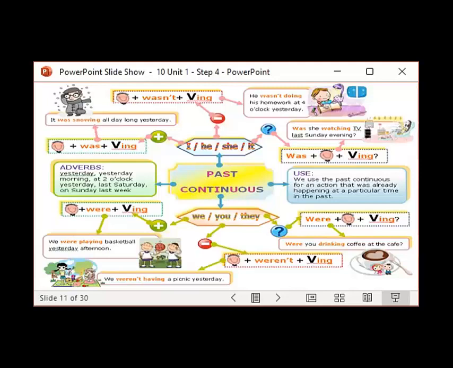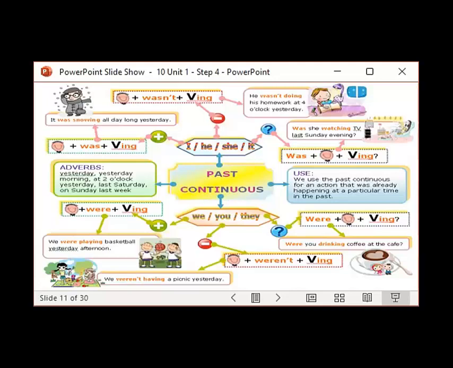If you want to make a question by using past continuous, start your question with was or were plus subject plus verb plus ing plus complement. This is called a yes or no question.